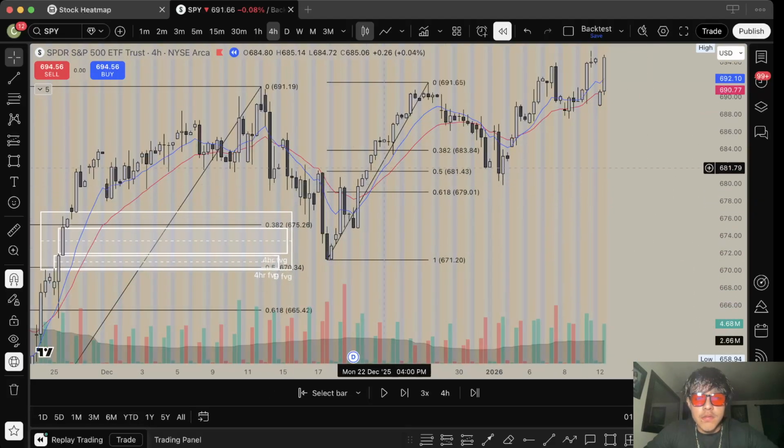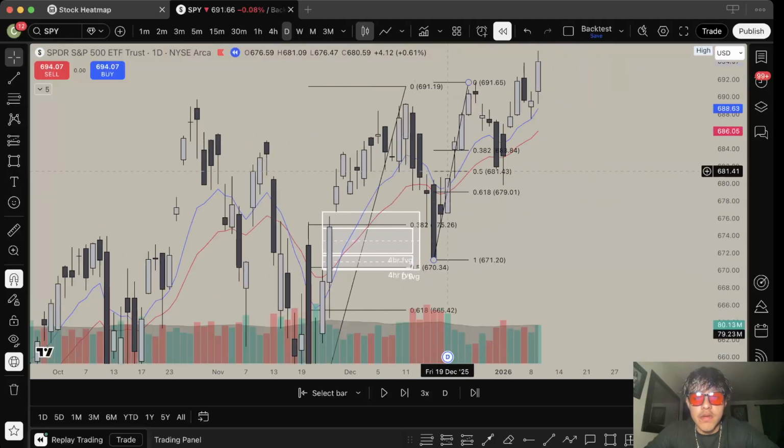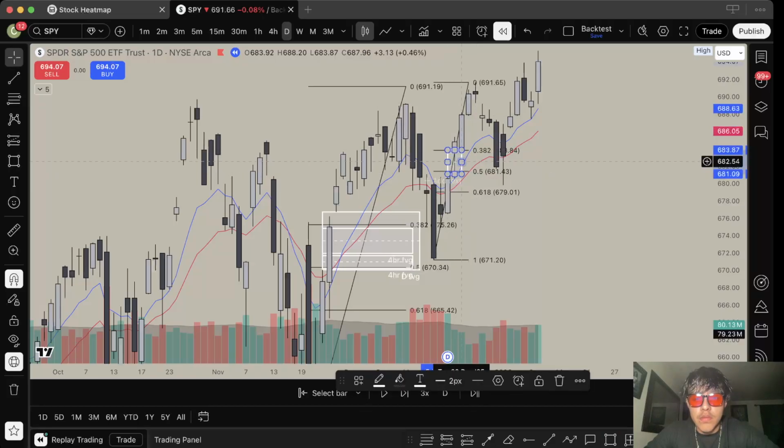Price comes back to equilibrium. You can find another fair value gap here on the 4 hour or on the daily, and we respect it. Look right here, we have this right here, and we respect it.